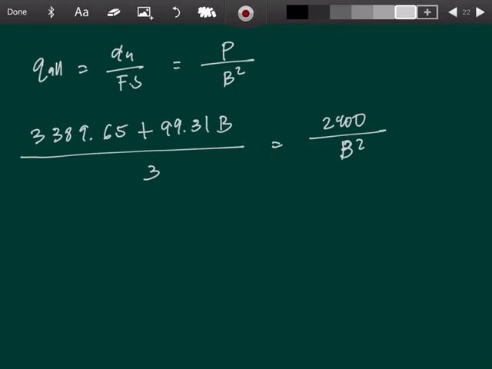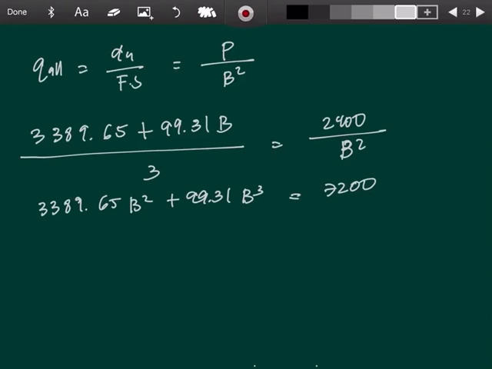Okay, so it would become 3389.65 B squared plus 99.31 B cube equal to 7,200.